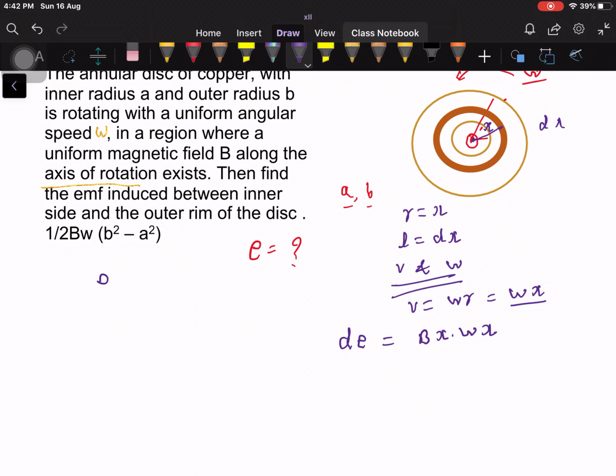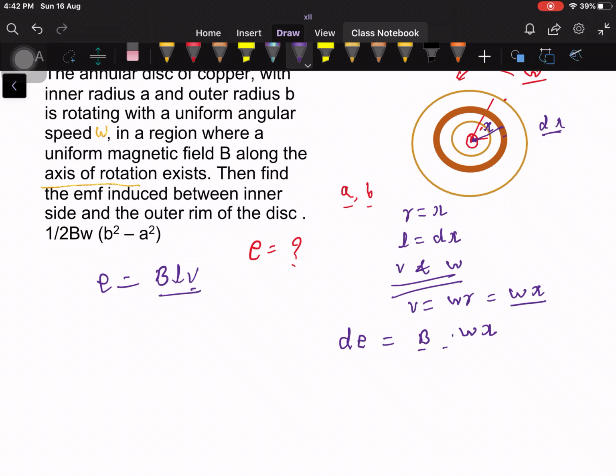Simple formula is E is equal to BLV. B is same, that is external. L means distance from center to this disc, that is x. V, speed, that is omega x. Sorry, I have written wrong. This is not x. Width is simply dx.